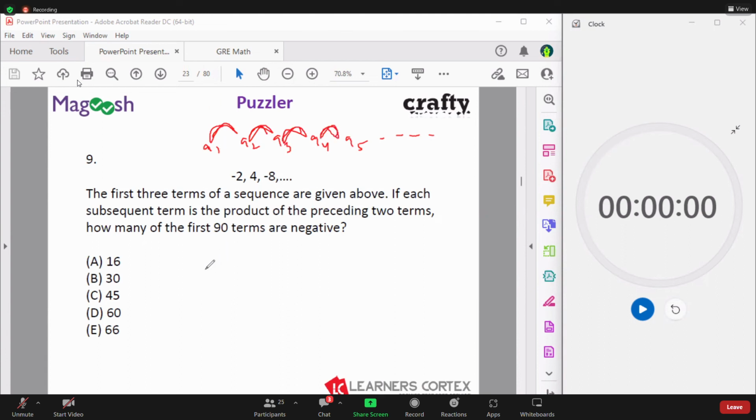Let's say the first n natural numbers: the difference between two consecutive terms will always remain the same. So whenever the difference between two consecutive terms in a series remains the same, that is known as an arithmetic progression.